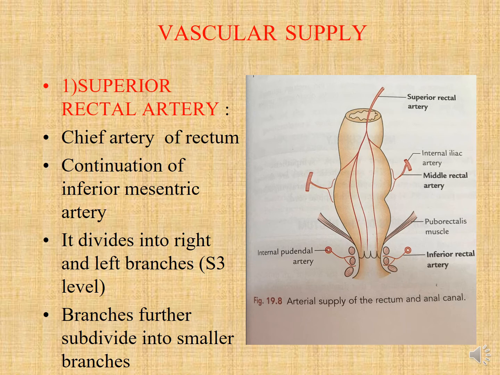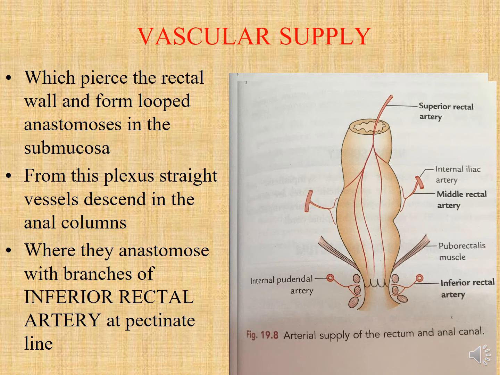Till there, these branches of superior rectal artery reach, and here they form the looped anastomosis in the submucosa, and then from this plexus, straight vessels descend in the anal column. And here they anastomose with the branches of inferior rectal artery at the pectinate line, which is formed by the joining of the anal valves. So there is a rich anastomosis between the branches of superior rectal artery and the inferior rectal artery.